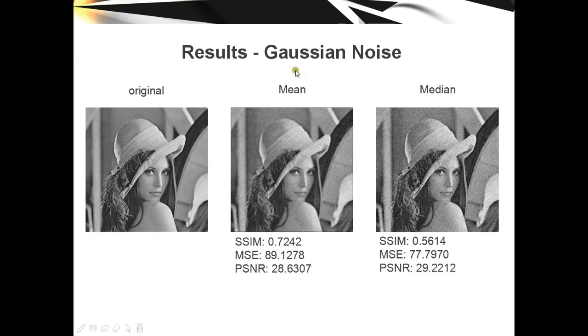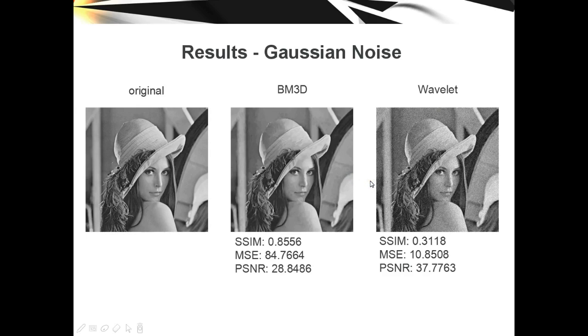So here's the result for the Gaussian noise. This is the original grayscale image, and here are the images after the denoising techniques. First is the mean filter, median filter, Gaussian low pass filter, Wiener filter, BM3D filter, and wavelet filter.